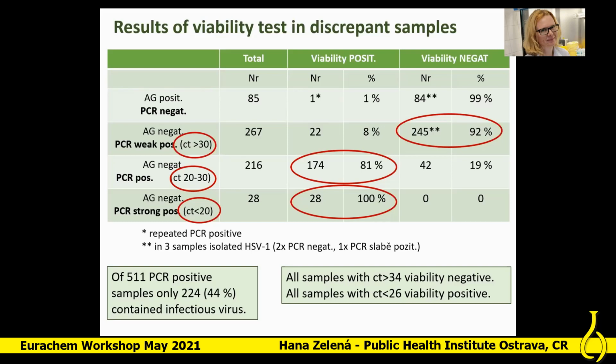But when we compare it to viability, then you can see that less than 1/2 of the samples contained infectious virus. And all samples with a Ct value more than 34 contained no viruses. Next one.